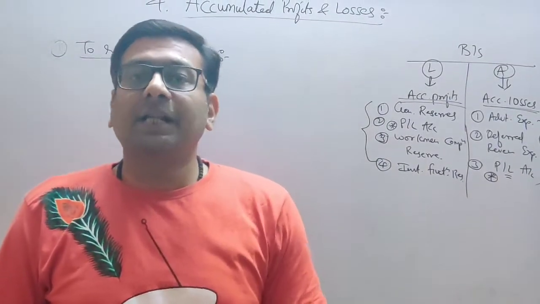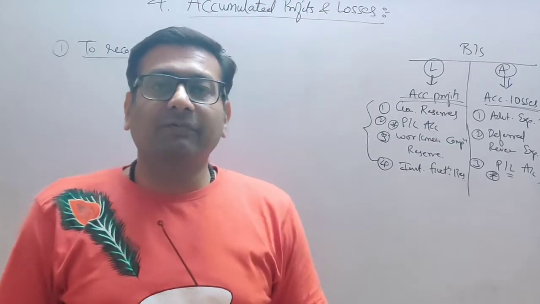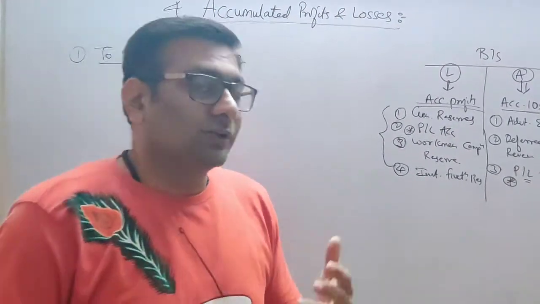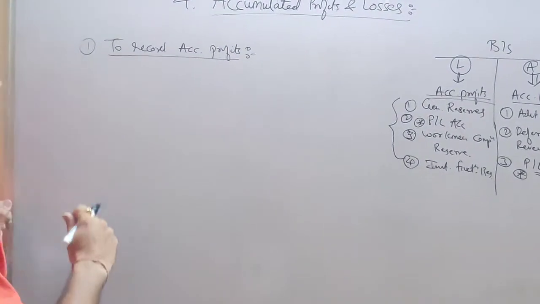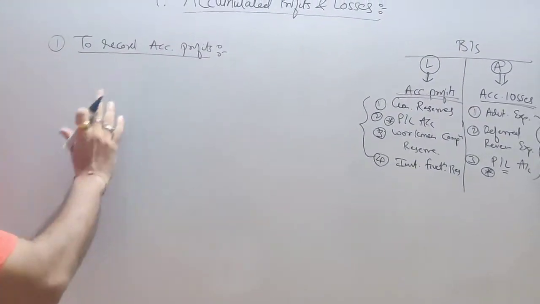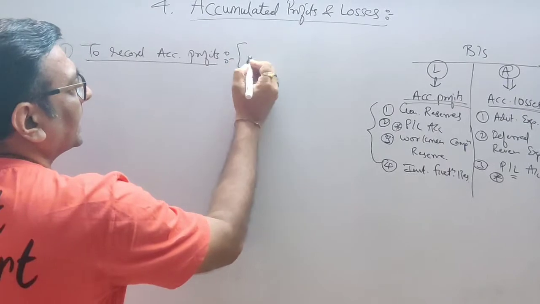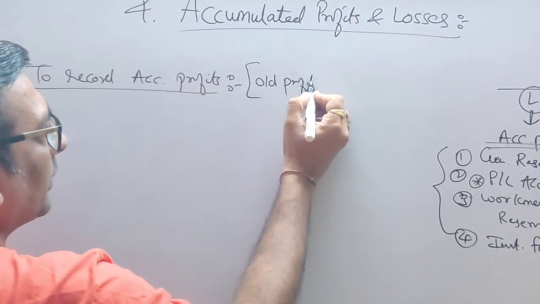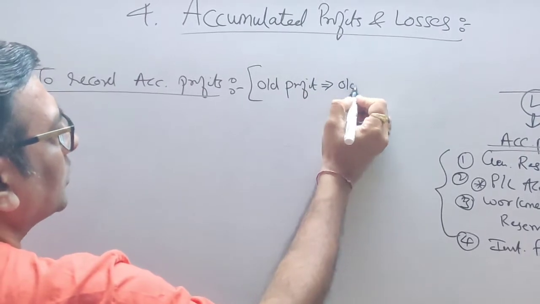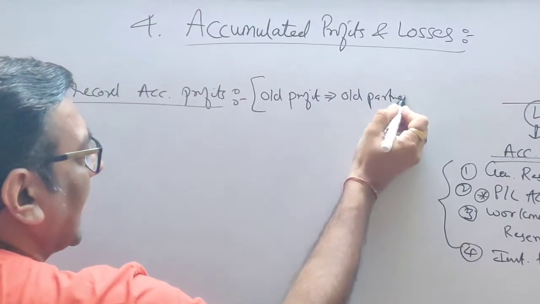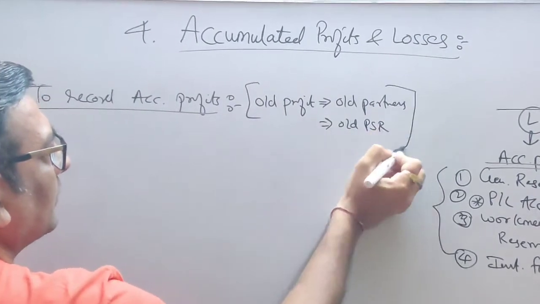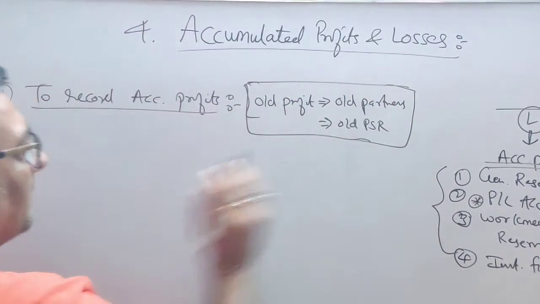Yes, you all are correct. This is past year's profit, old profit. It belongs to old partners. So definitely it has to be given to the old partners. So you can remember this way, that accumulated profits are basically old profit, and it should be given to old partners, and it will be given in the old PSR. So this is how you will remember. This is an easy way to remember.